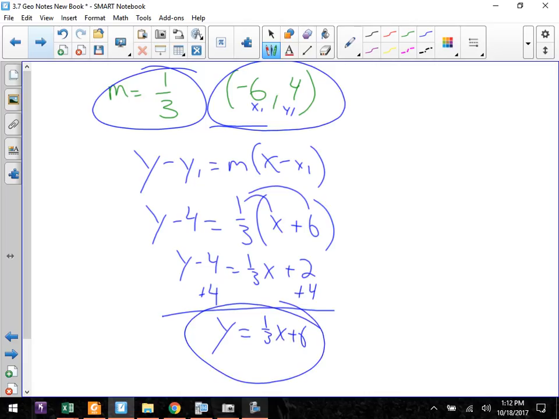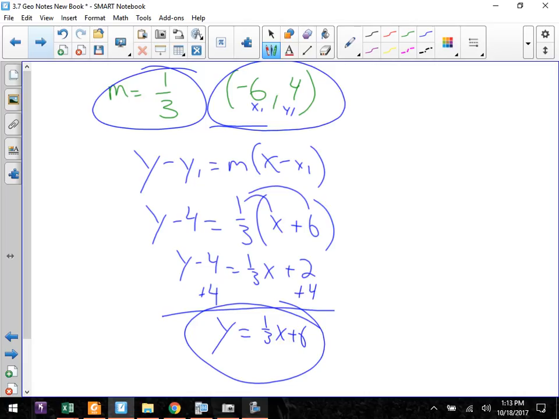Now I'm in slope-intercept form. I had to start with point-slope to figure out what it's going to look like when I'm done. Because it is so much easier now to graph once I get to that, because I know my one.